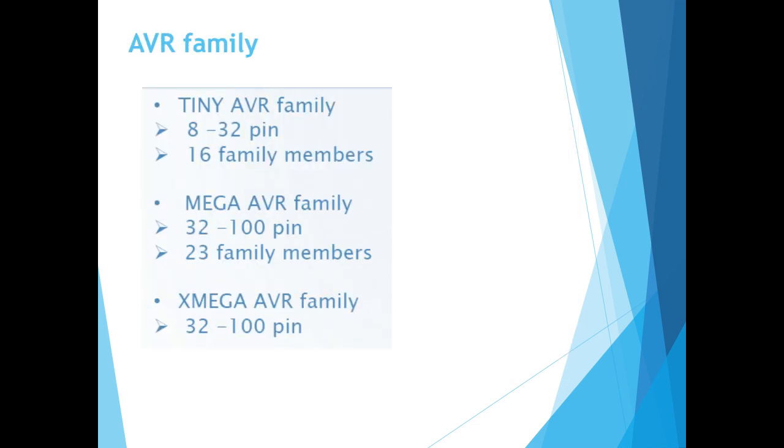But about the AVR families, as I said, after talking about the history of different types of microcontroller families, we said that we will focus on the AVR family, and we will talk about Atmega 32 or 16 because of the same features that they have.